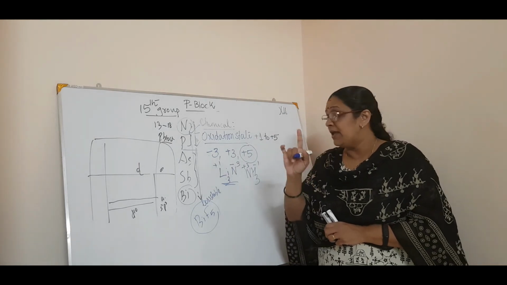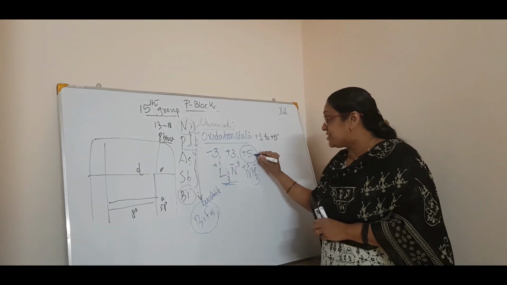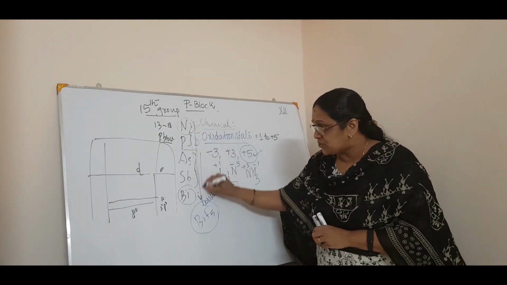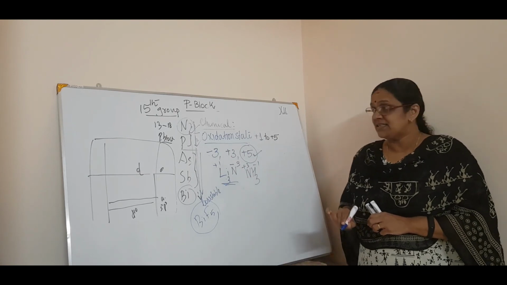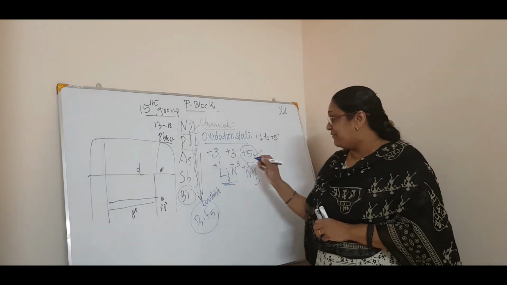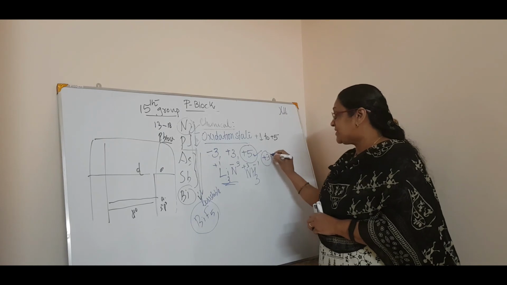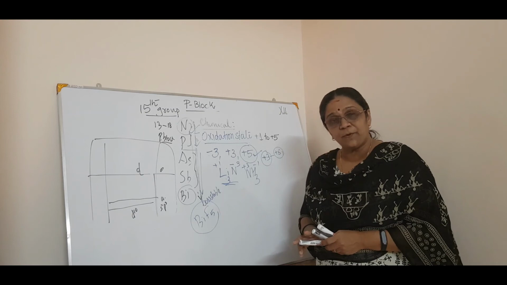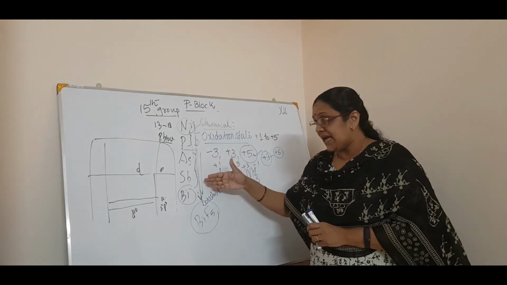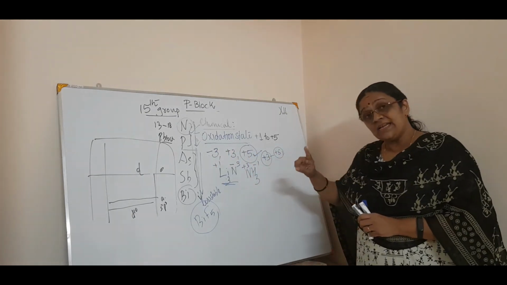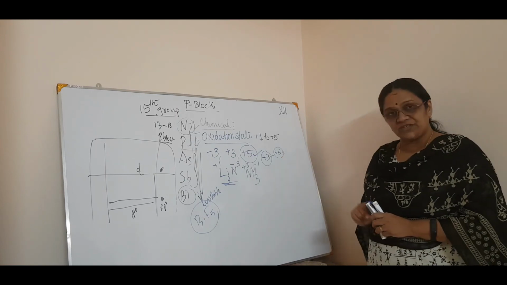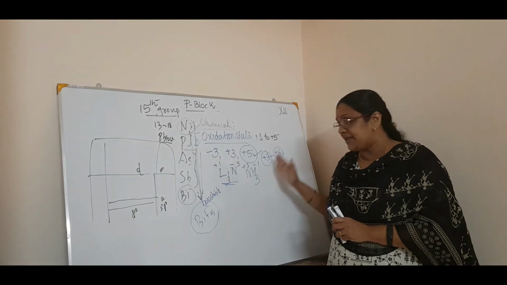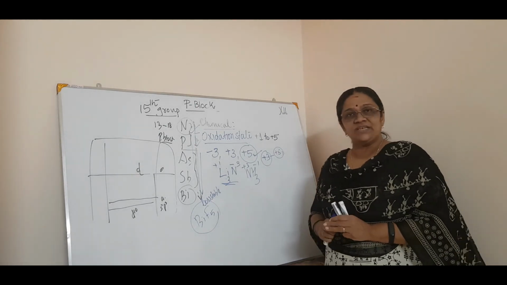Listen very carefully: the +5 oxidation state is shown more in nitrogen and phosphorus, but coming to the heavier elements, arsenic, antimony, bismuth, they will show the +3 oxidation state rather than +5. You got the point? They will have greater stability for the +3 oxidation state rather than the +5 oxidation state.